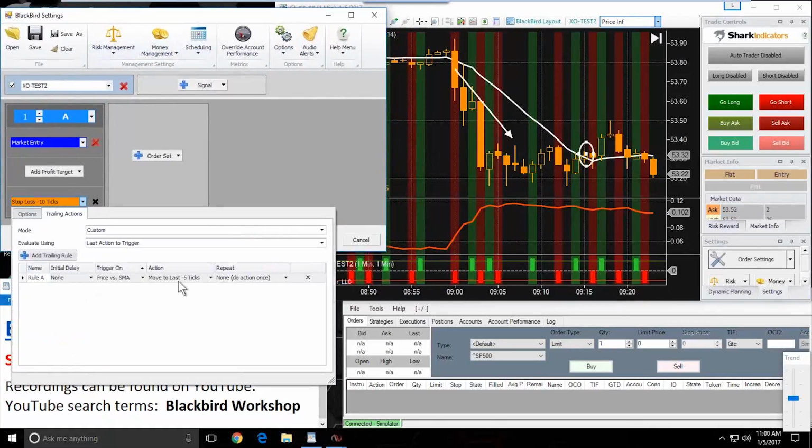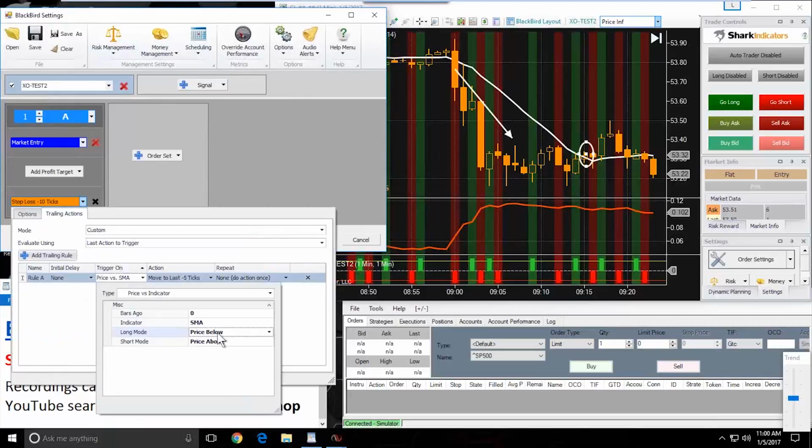A possible example here might be, if we're in a short trade and price goes above your moving average, that could be an indication that price is going against you, that maybe the trend is failing, and so maybe you might want to tighten your stop loss up.